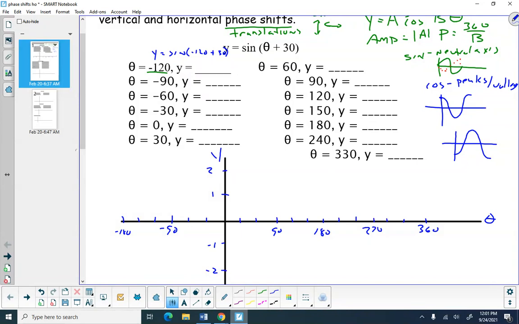Find your y values. Keep doing your values. I'm just going to fill in the values as you work.